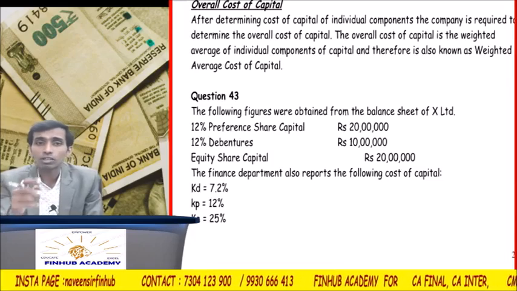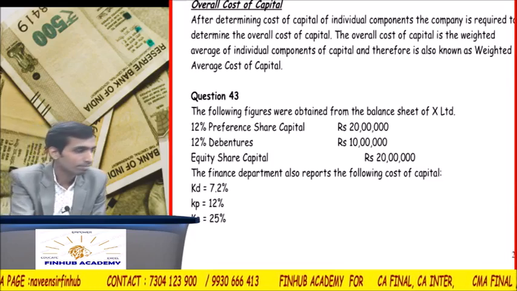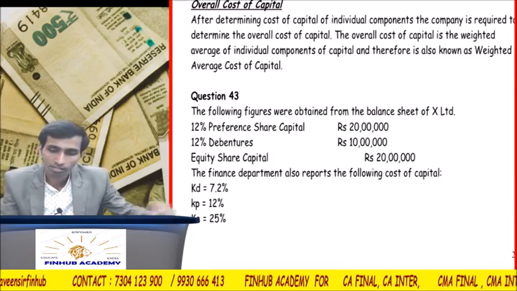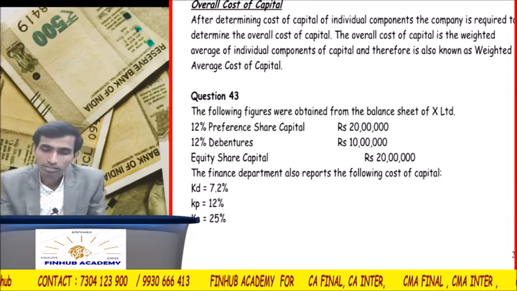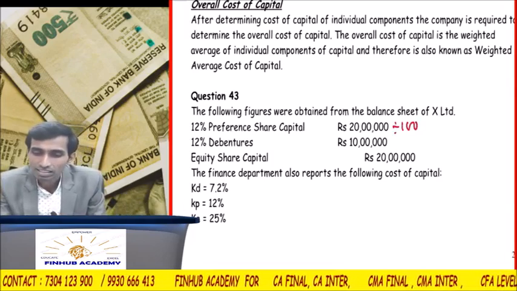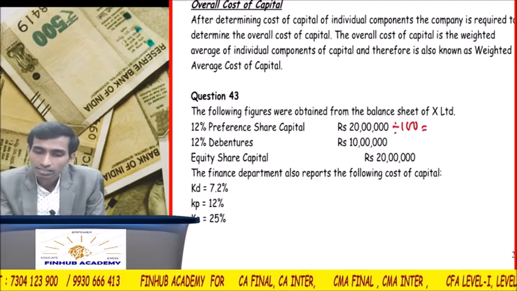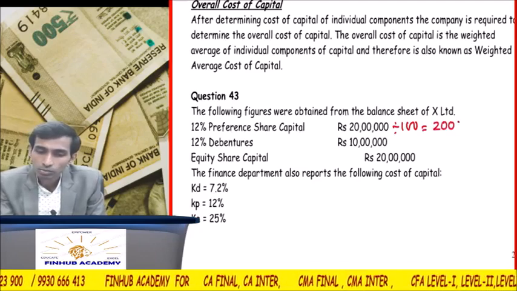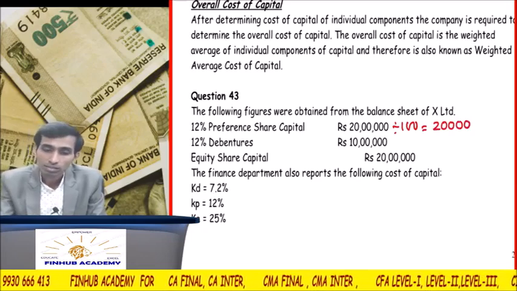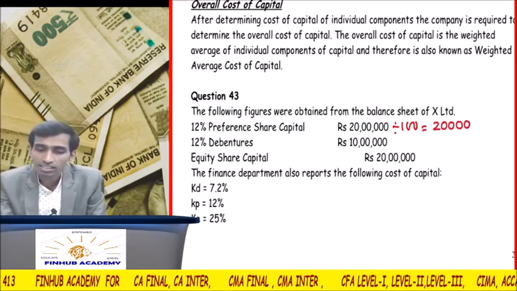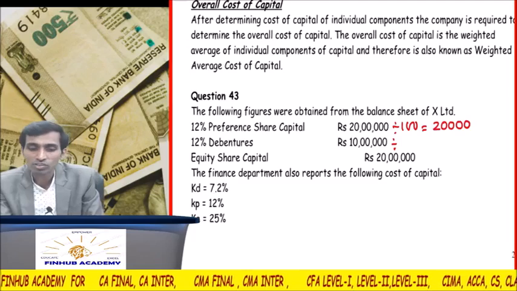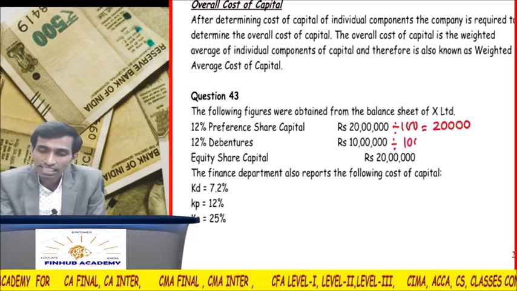What is the face value for the preference given? Check. Divide by 100. So how much is it? 20,000. Correct. You should write this. Divided by face value is how much? Debenture 100.